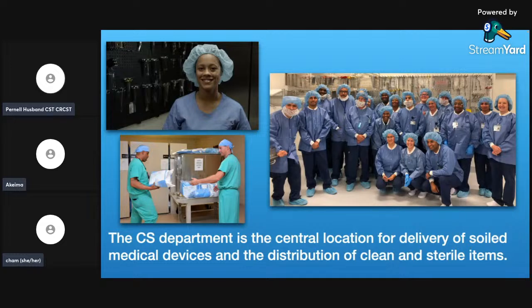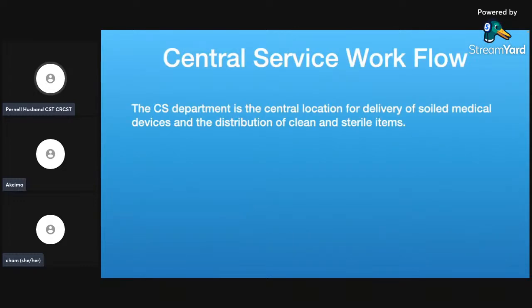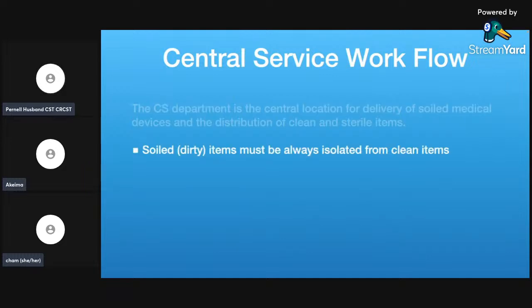They come to the sterile processing or central supply department, which is also the distribution area for clean and sterile items. Everything clean and sterile is here, and then it gets distributed to where it needs to go. Soiled refers to dirty items.